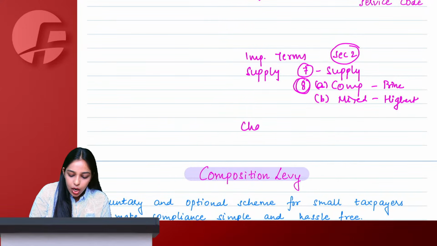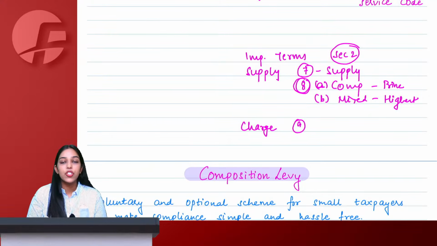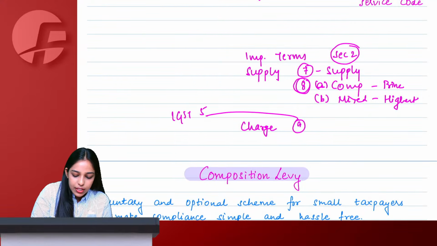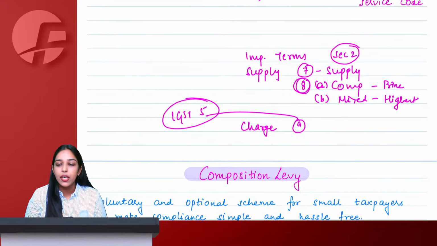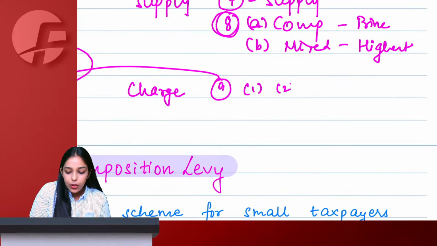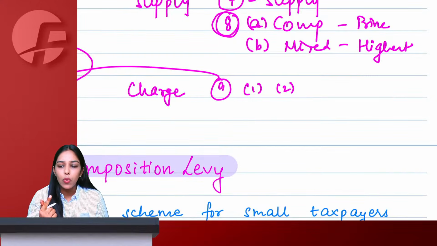Then we started with charge of GST, section 9, which is levy and collection. We also have the corresponding IGST Act, section number 5, which is the charging section of the IGST Act. 9(1) normal levy, 9(2) high speed diesel, motor spirit, natural gas, aviation turbine fuel, petroleum crude.